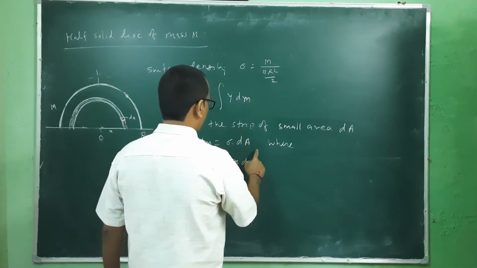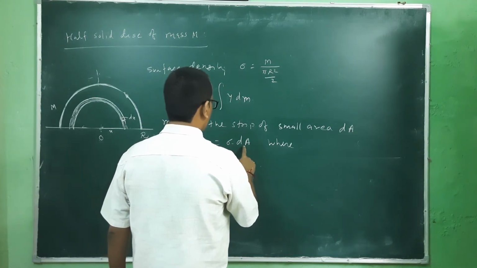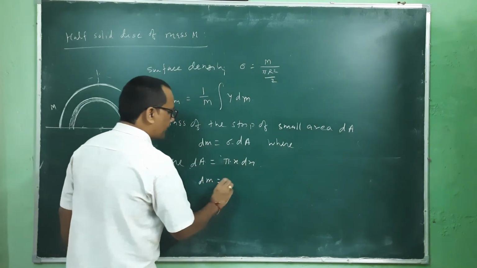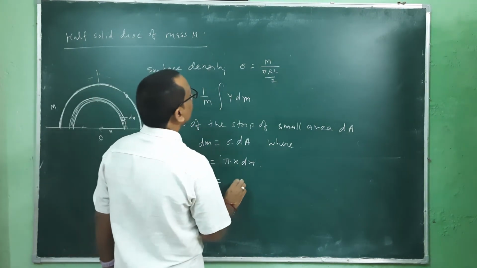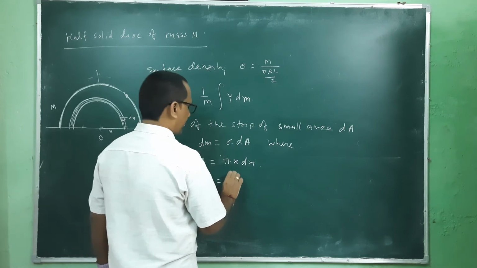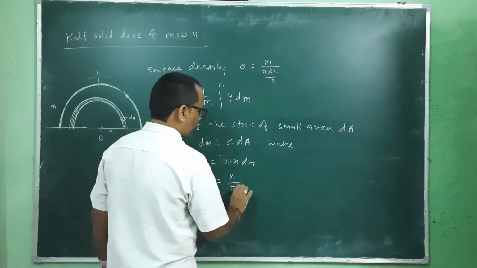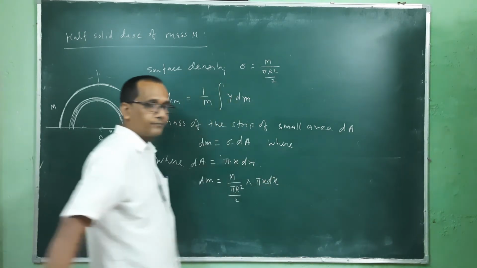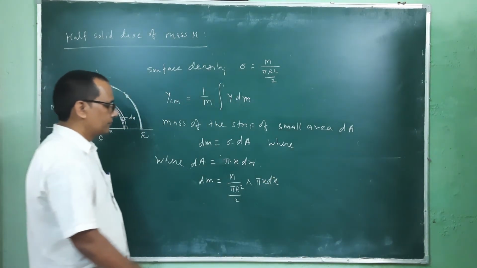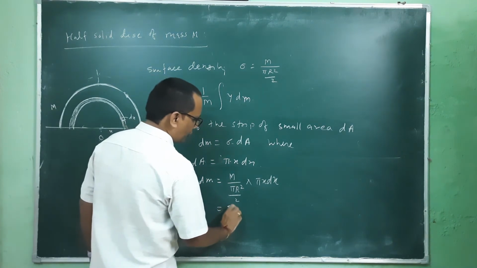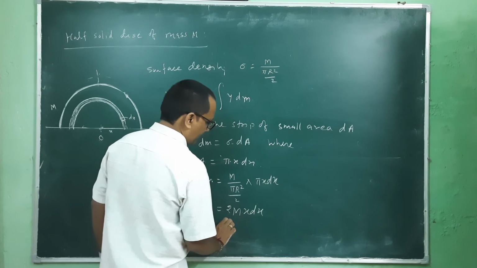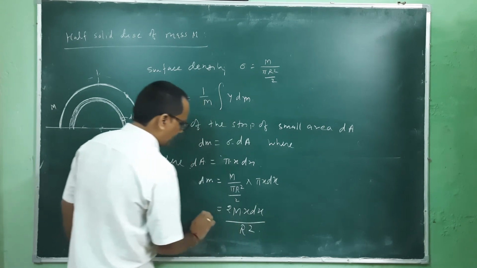So now we will put this dA here and sigma here, and this dm is equivalent to sigma, which is m upon pi r square by 2, multiplied by pi x dx. So this is 2m x dx by r square.